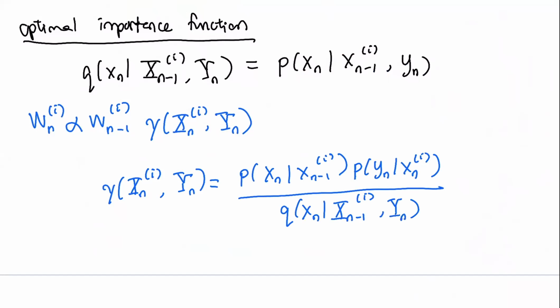So this is the general form. Again, here we're going to replace the importance distribution with the optimal importance distribution.